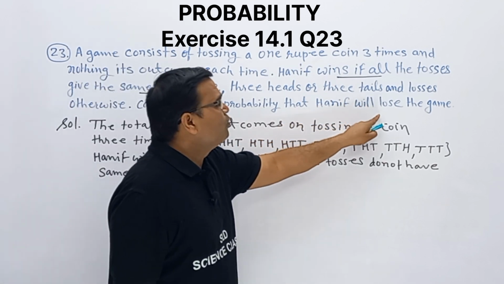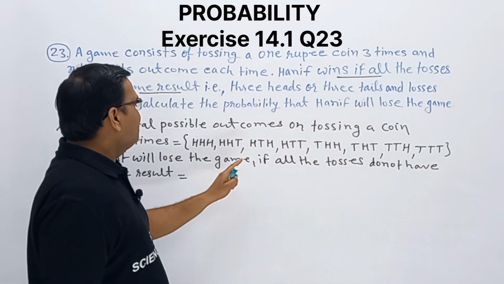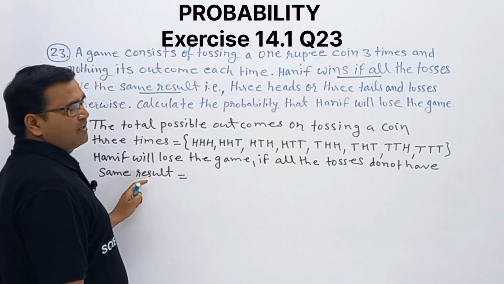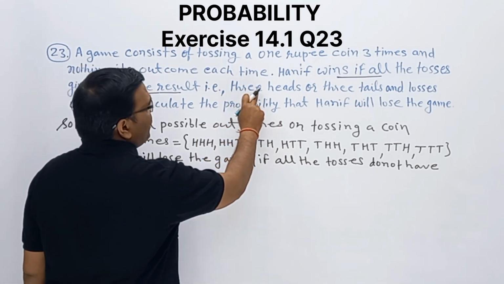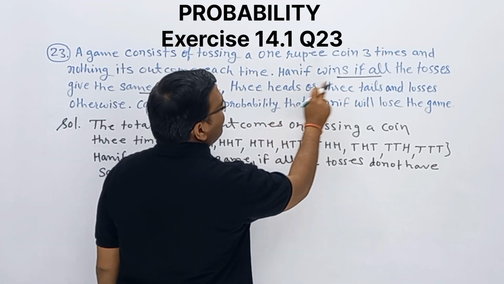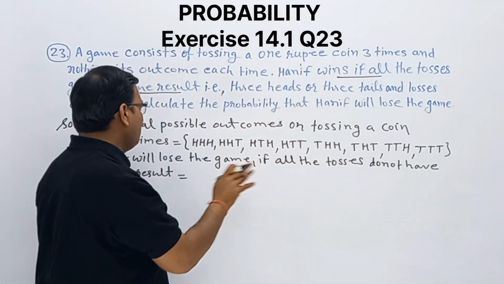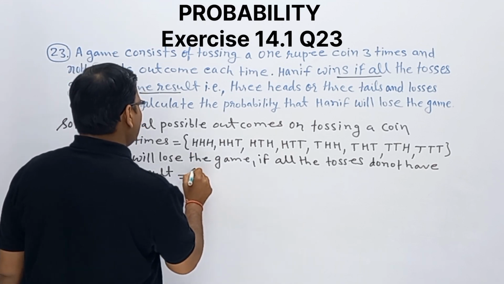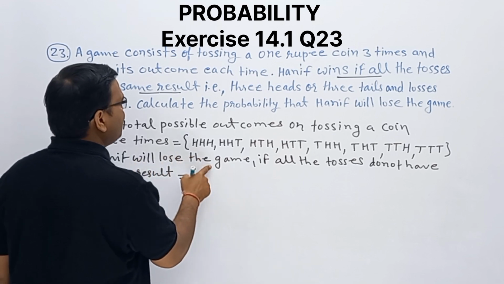So Hanif will lose the game if all the tosses don't have the same result. Clear? If all the results are the same, head, head, head or tail, tail, tail, then Hanif wins, otherwise lose. So what outcomes are we getting when Hanif will lose the game?